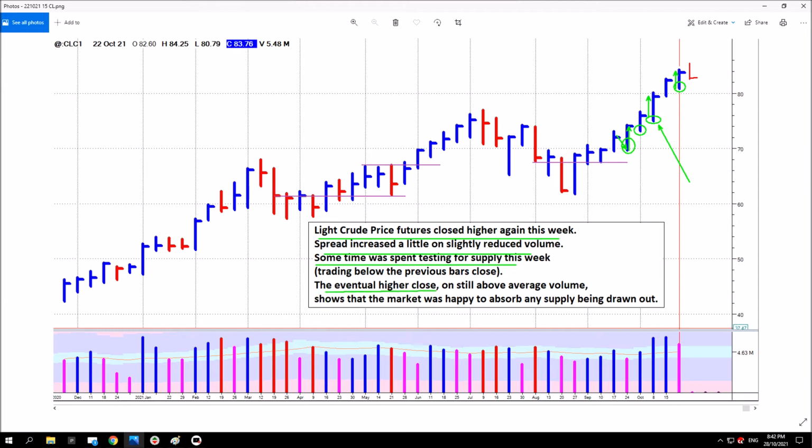The eventual higher close on still above average volume shows that the market was happy to absorb any supply being drawn out, which is sort of what I just said. You can see the market came back, volume was fairly high, well above average still. It's absorbed any supply that's drawn out and in response it's pushed up higher.